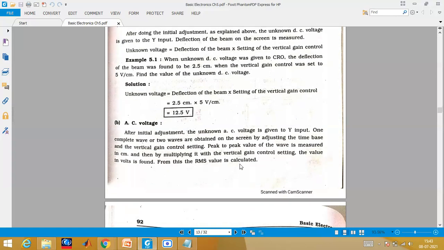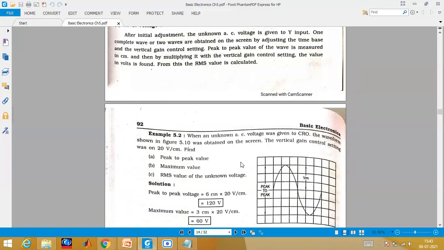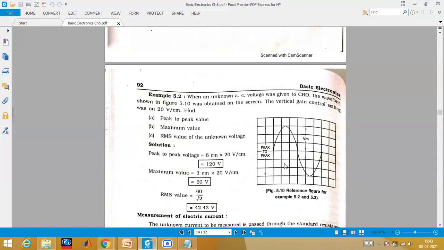Similarly, you can also do this with the AC voltage. I will try to explain with this example. Forget about the question, just try to see here first. This is the output screen of your CRO. Now we have to assume this line to be a reference line. It is your wish, you can take any line.